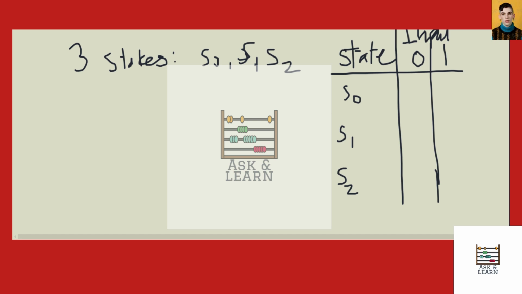So for example, we see that there is an arrow from S0 to S2 with a label of 0, and so we'll write down S2 in the row containing S0 and in the column 0. Likewise, we complete the table so that the rest of that column is S2, S2, and the rest of the next column is S1, S2, S2.